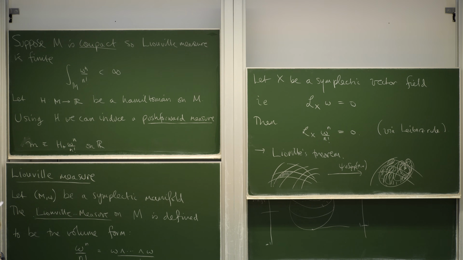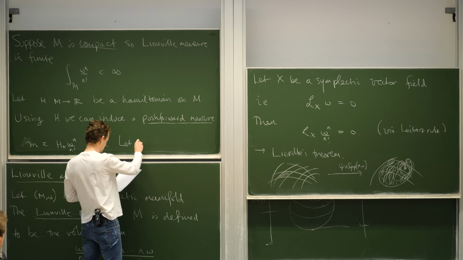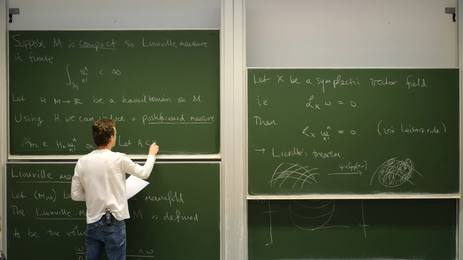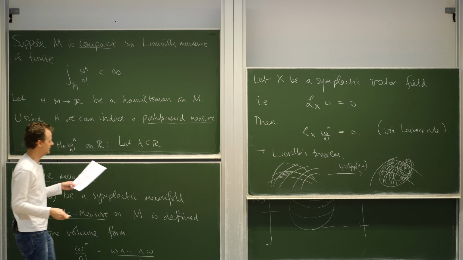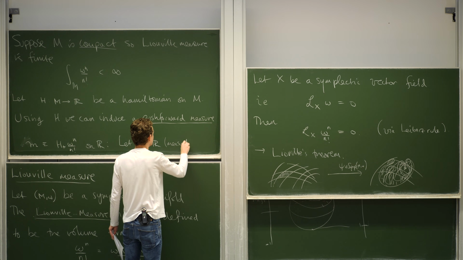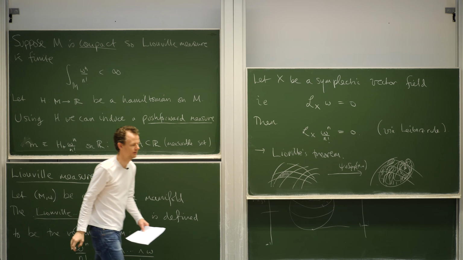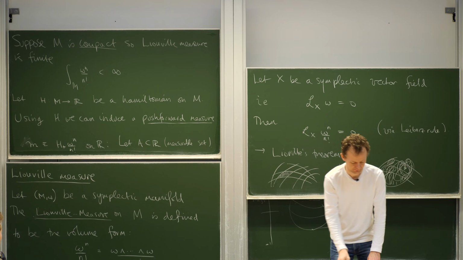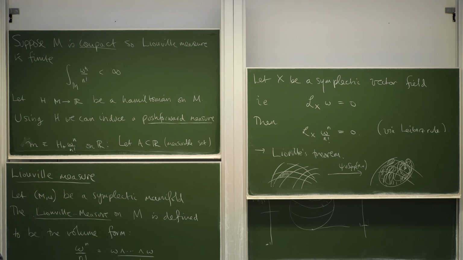So we can induce a push-forward measure on R. And the way it works, you can sort of work it out from what it has to be. Let A be some measurable set. We'll just take our favorite measure space on R, the Borel measure space.